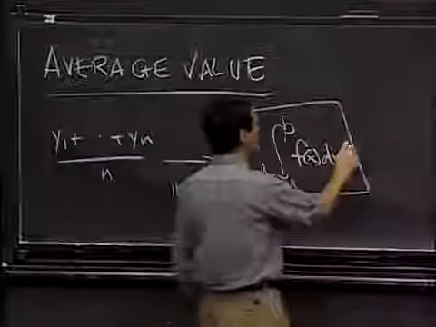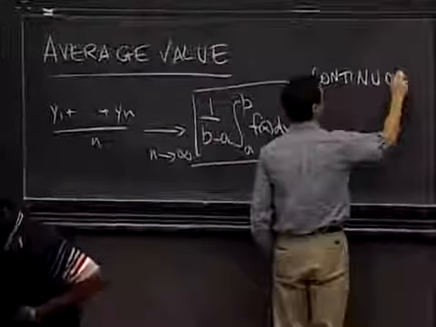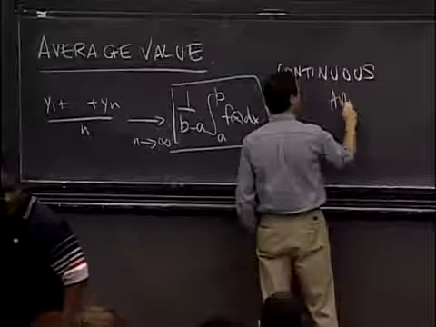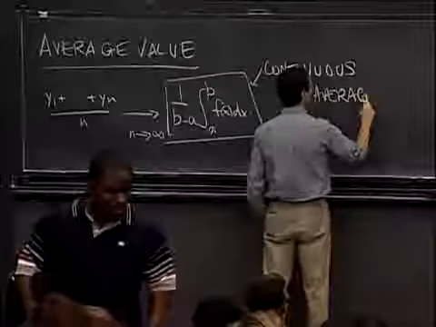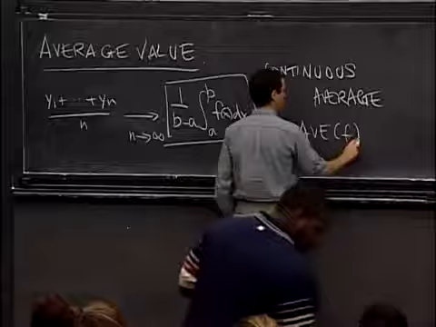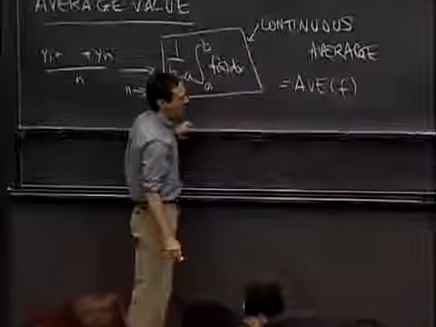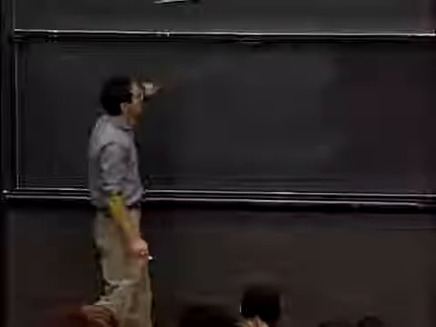So this is the continuous average, or just the average of f. And I want to explain that just to make sure that we're all on the same page.